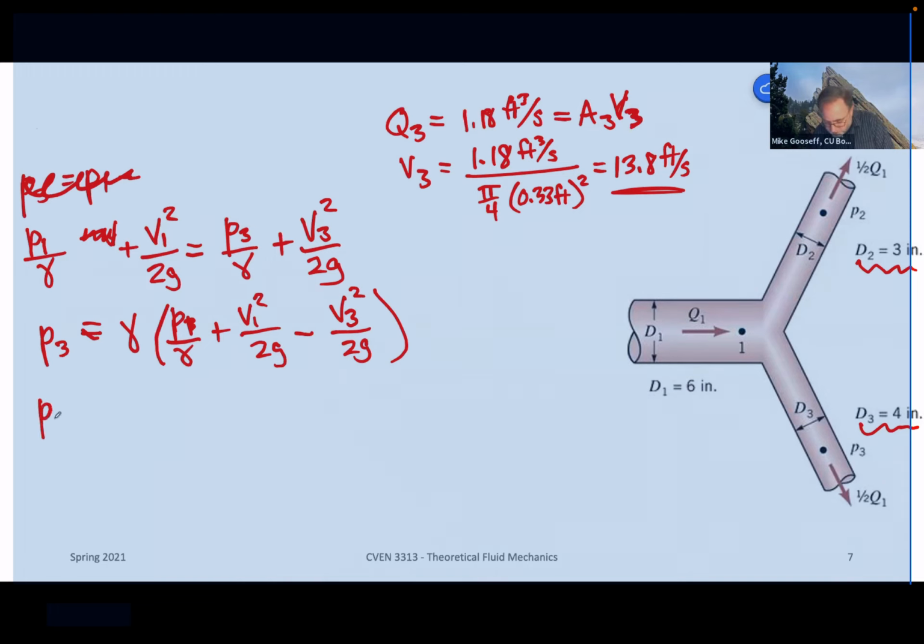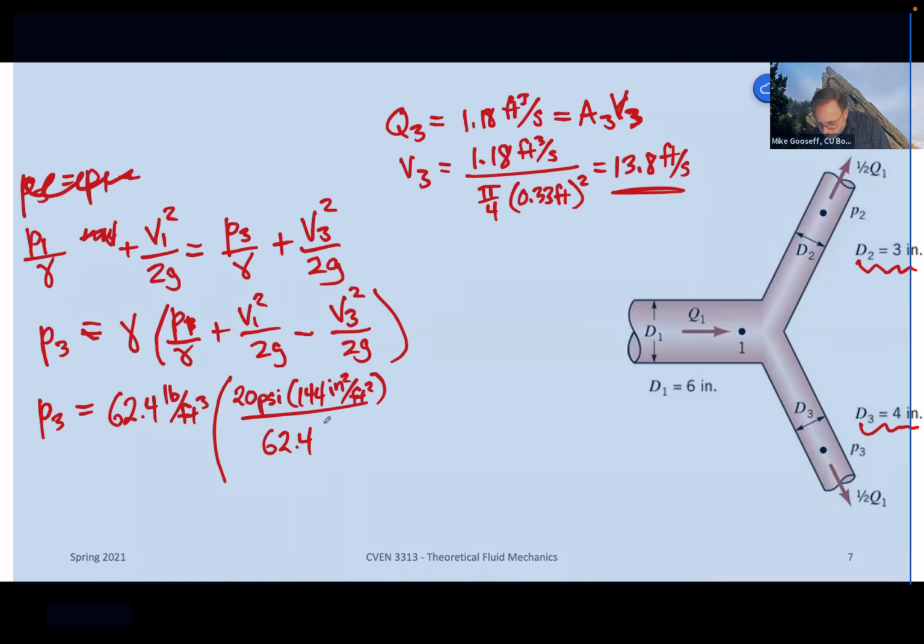So for P3, I can just write this out the long way instead of all the simplifications. 62.4 pounds per foot cubed, we're going to multiply that by P1, which was 20 PSI times 144 inches squared per foot squared divided by 62.4 pounds per foot cubed.